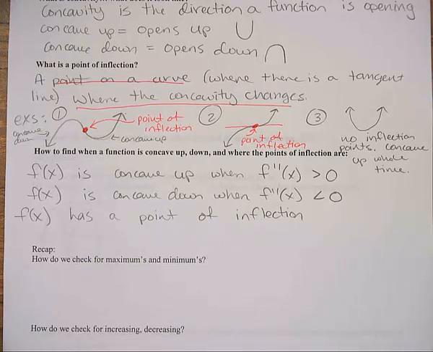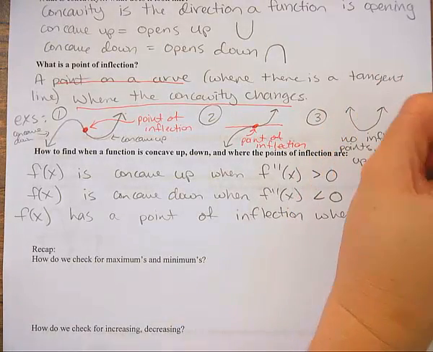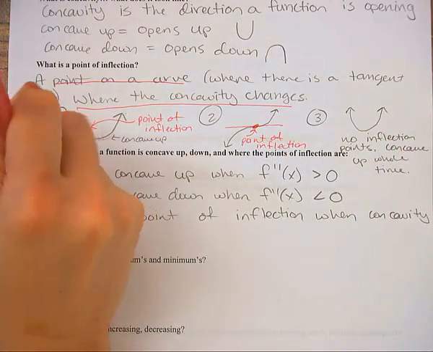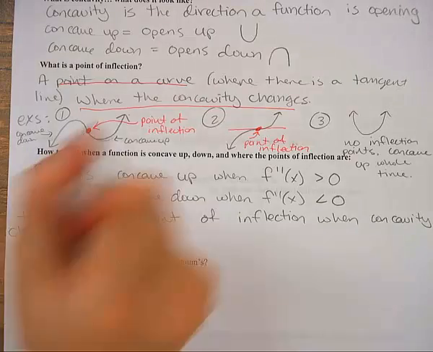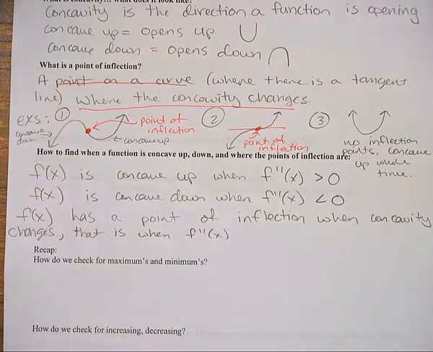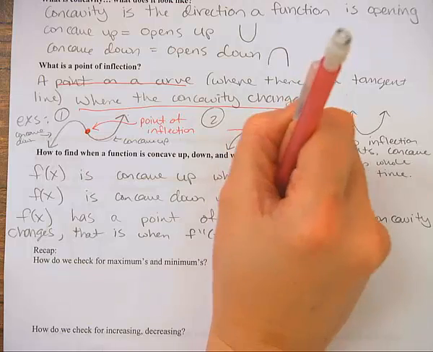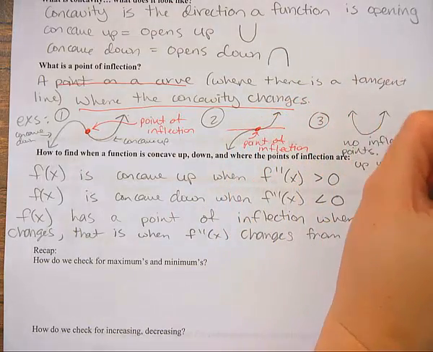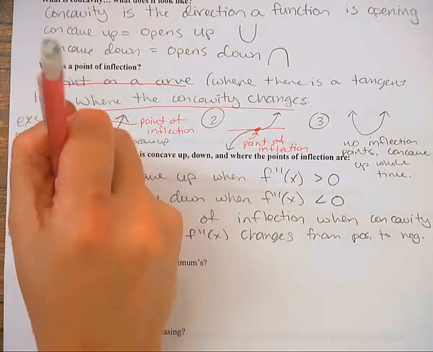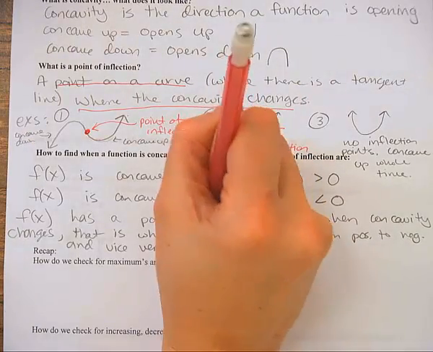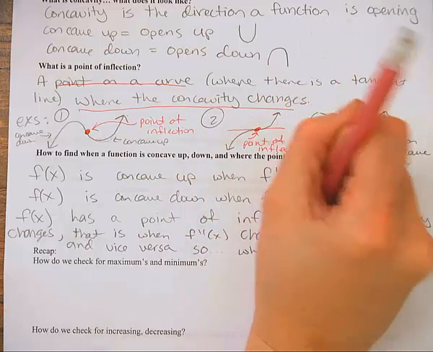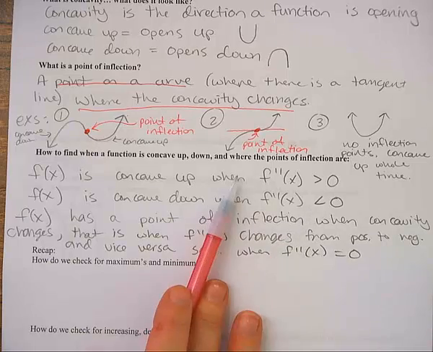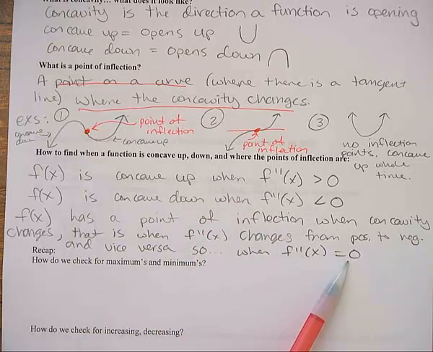So f of x has a point of inflection when the concavity changes. We had talked about that earlier. So that would be when the second derivative changes from positive to negative and vice versa. So that's when your second derivative is 0. Because in order to go from positive to negative, you have to pass through 0.